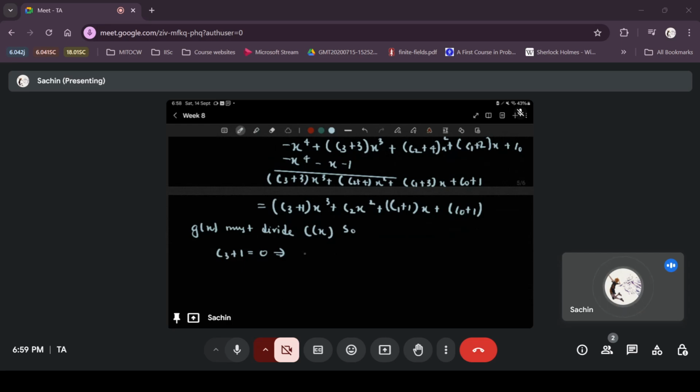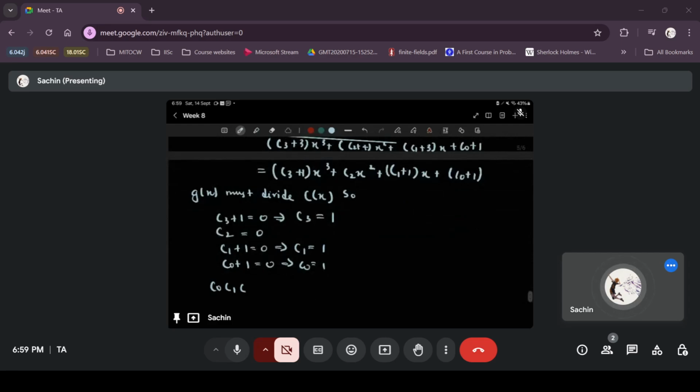The coefficient of x^3 should be 0, which implies C3 is 1. C2 is 0. C1 plus 1 must be 0, which implies C1 is 1. C0 plus 1 is 0, which implies C0 is 1. So C0, C1, C2, C3 is 1, 1, 0, 1.